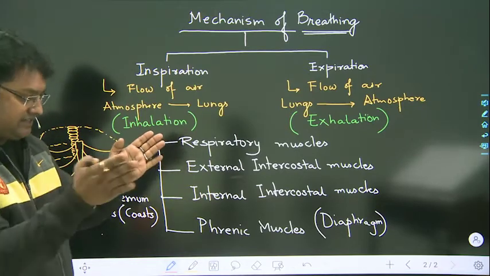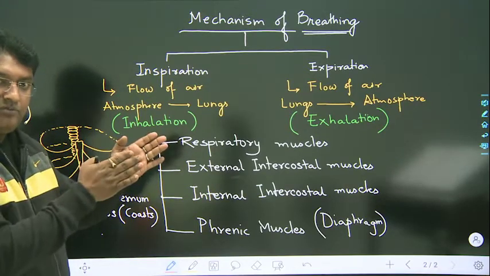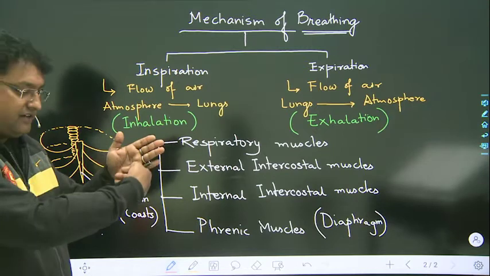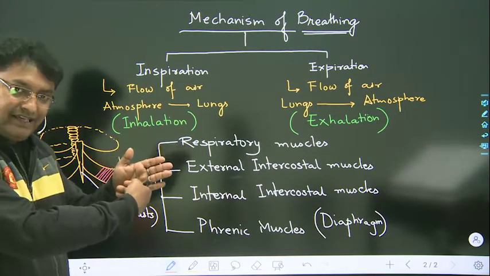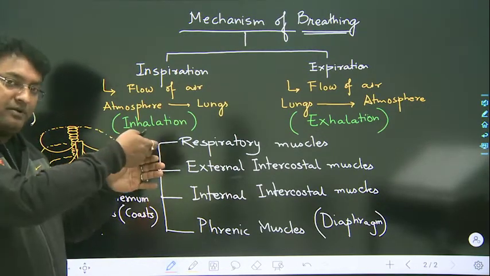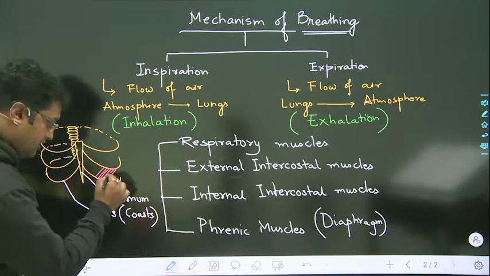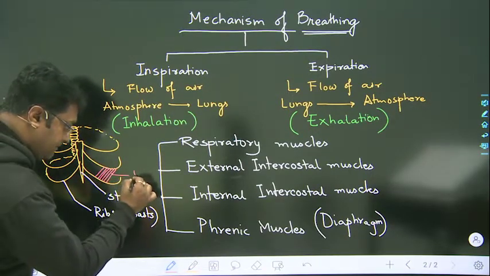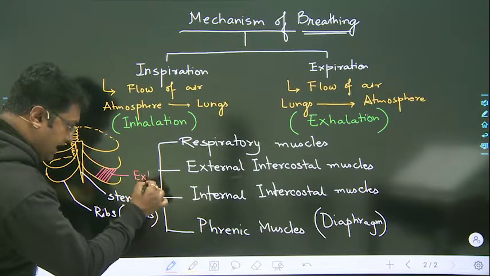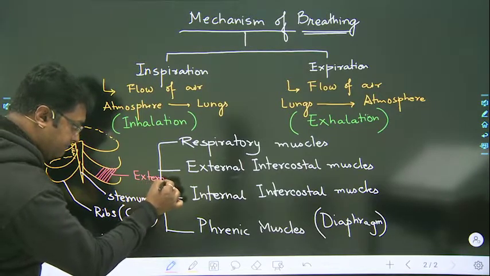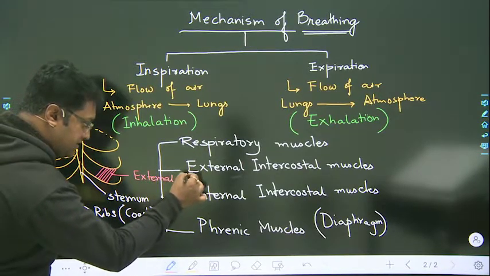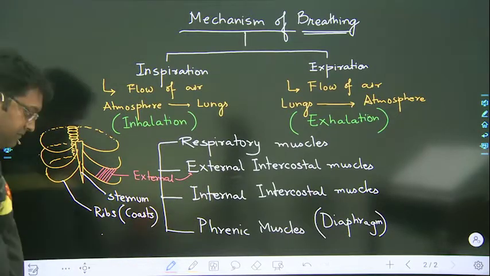So if I see our ribs from the front, the first layer of muscles attaching the lower rib to the upper rib will be called the external intercostal muscles, that is this one. Clear?